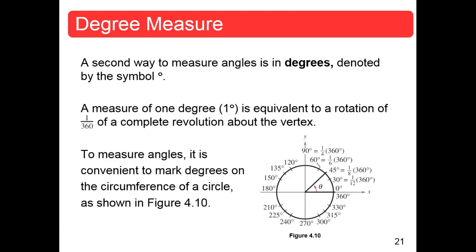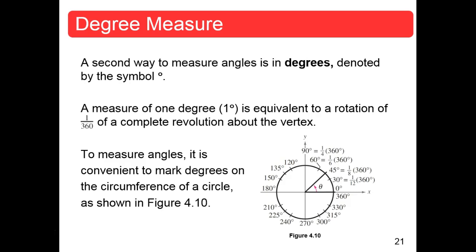What is a degree? A degree is way smaller than a radian. Remember, a radian is about 60 degrees. Not quite, but close, 57 point something. It's close to 60 degrees, but it's not yet 60. Now, what is a degree then?